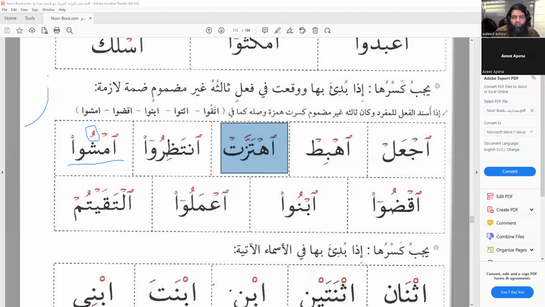So there's a rule here. It's saying if the singular form of the verb does not have a dhamma, then this will say e. But without knowing Arabic, there's no way for us to tell.